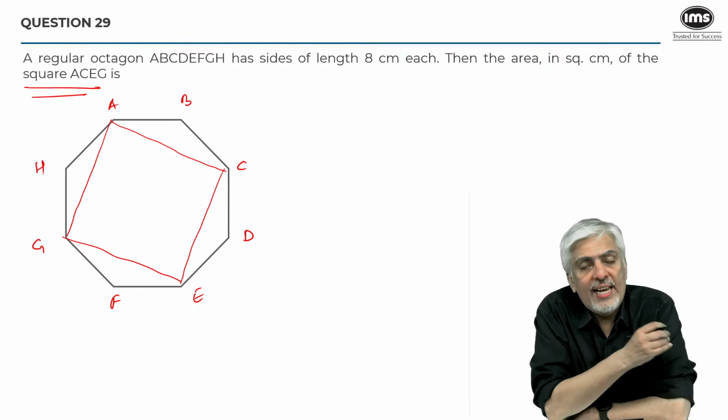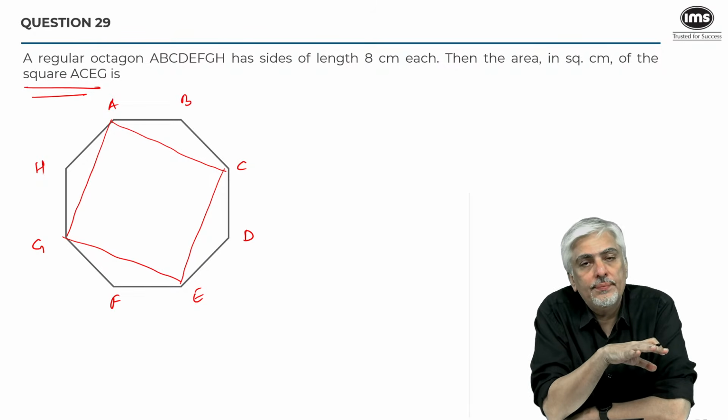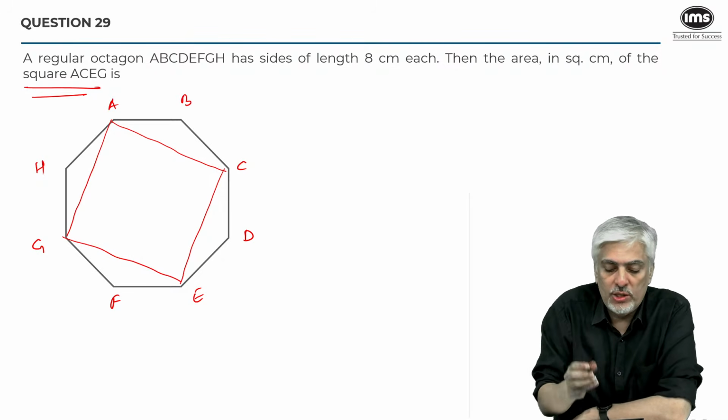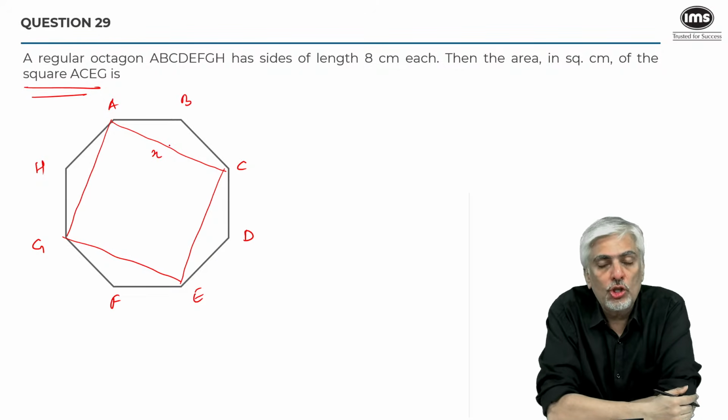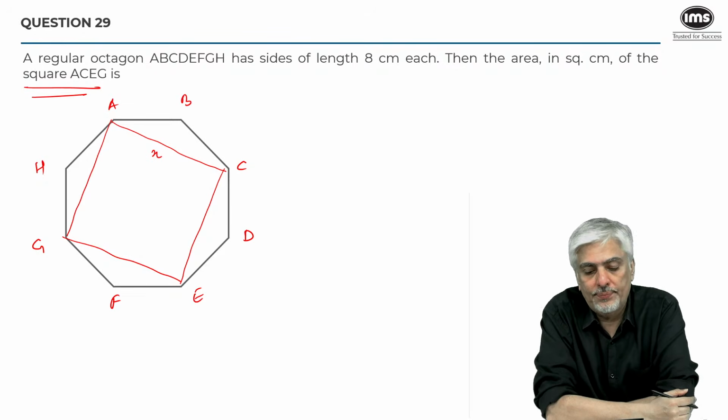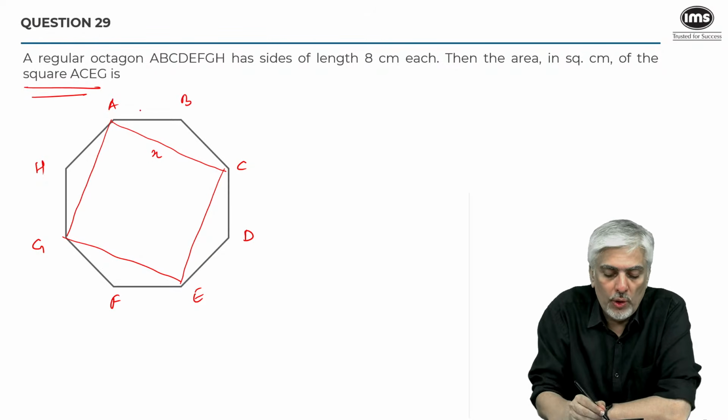Now, what is the area of a square? Side square. Suppose I took this as x. So in short, you want to find x square. What do you know? You know AB also, you know BC also. And because it's an octagon, you know this angle also.